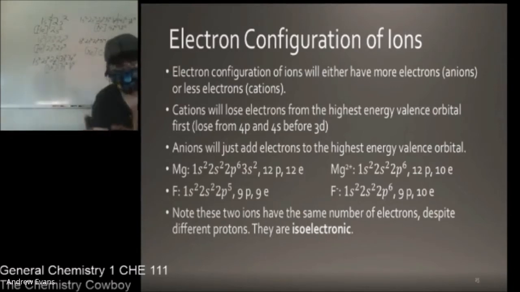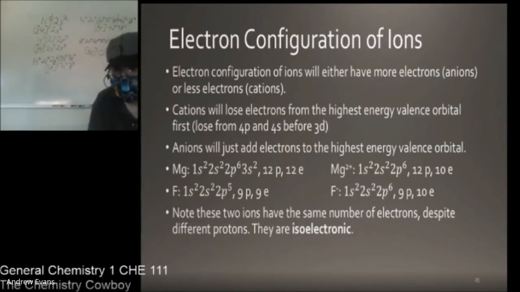Now, cations are a little bit trickier. We're obviously going to be removing electrons, but here's the rule. We remove electrons from the highest energy, furthest out orbit first.